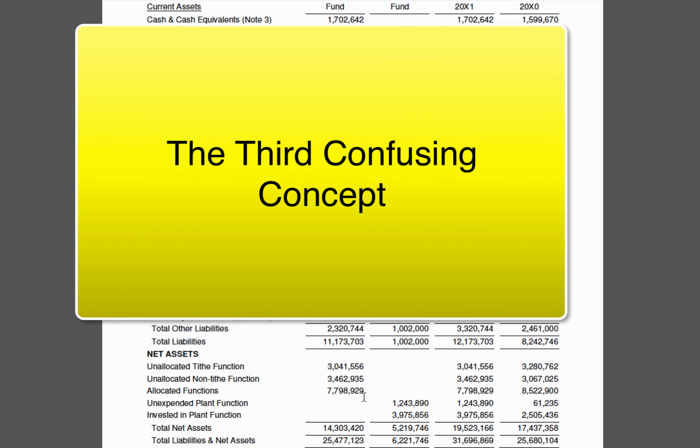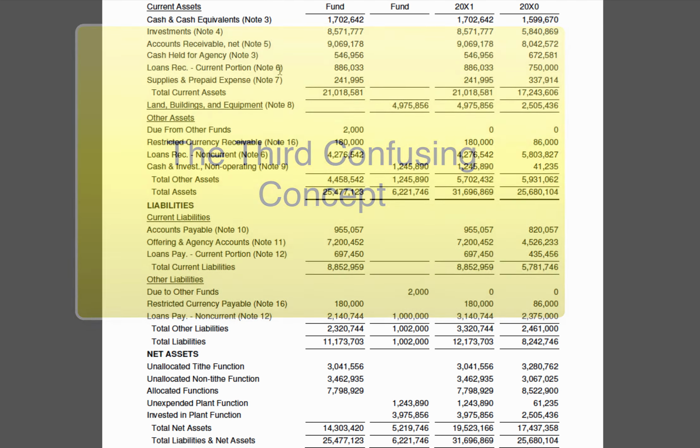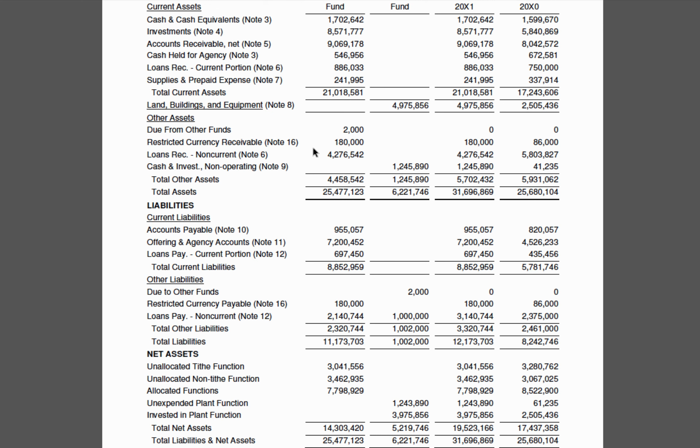Okay, the third area where there's a little bit of confusion is in the singular and plural use of the word function in the Sunplus world. So we have the assets, and then some of these assets are destined to be used to pay off liabilities, and then the claims against what's left over are down here in functions.